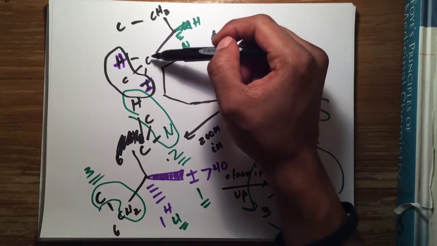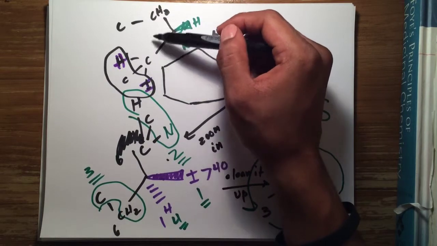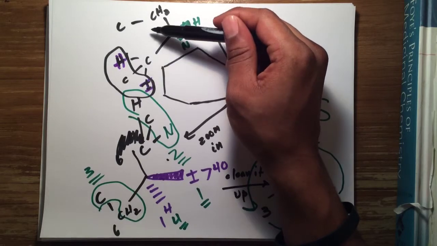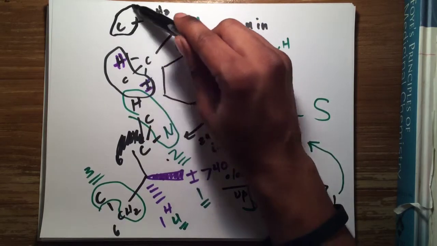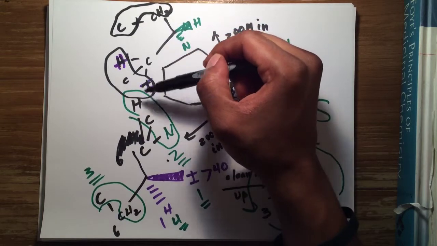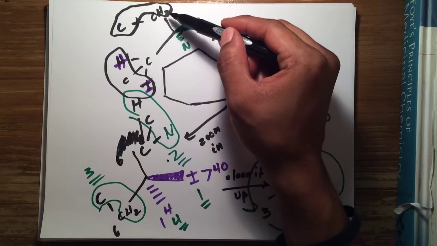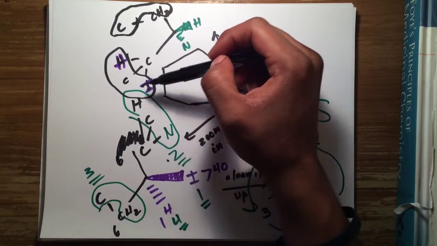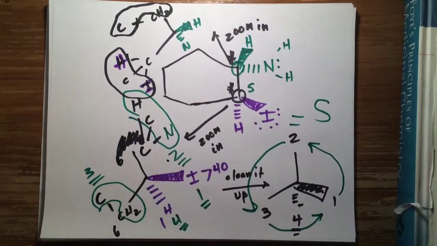Because, since we have 2 carbons here, we can't rank the priority between 2 carbons because they have the same atomic number. So we go to the next thing in line and consider the hydrogen, the carbon, the iodide versus the carbon and the 2 hydrogens. Iodide has a very high atomic number, so this will be more important.